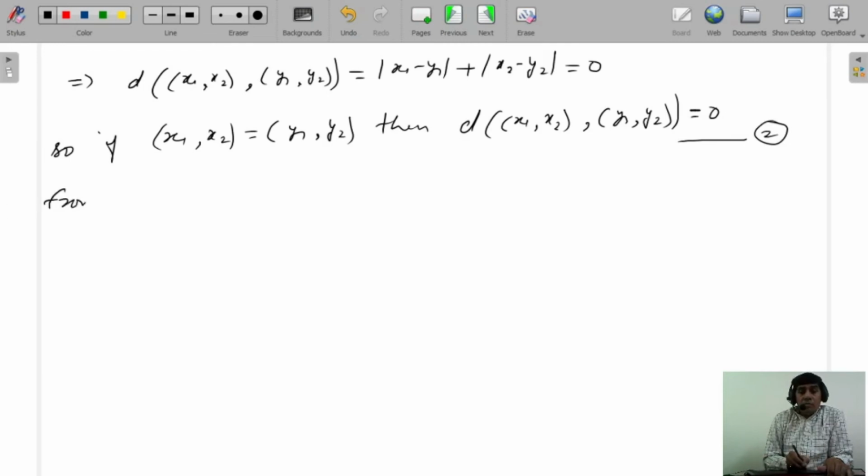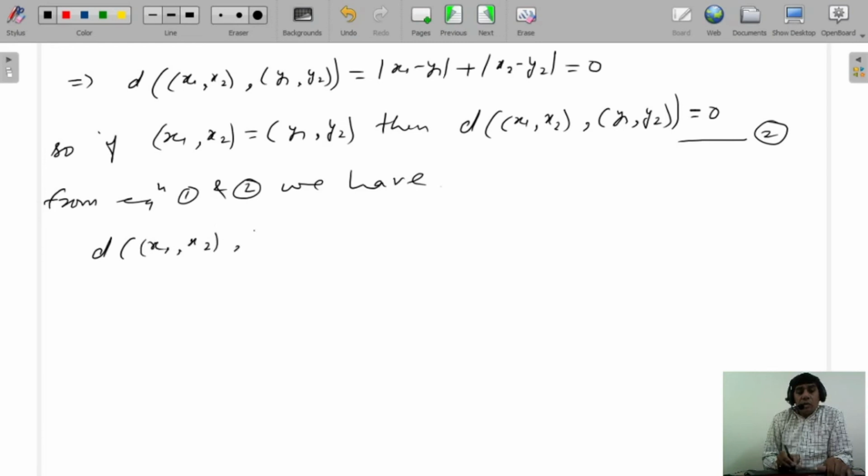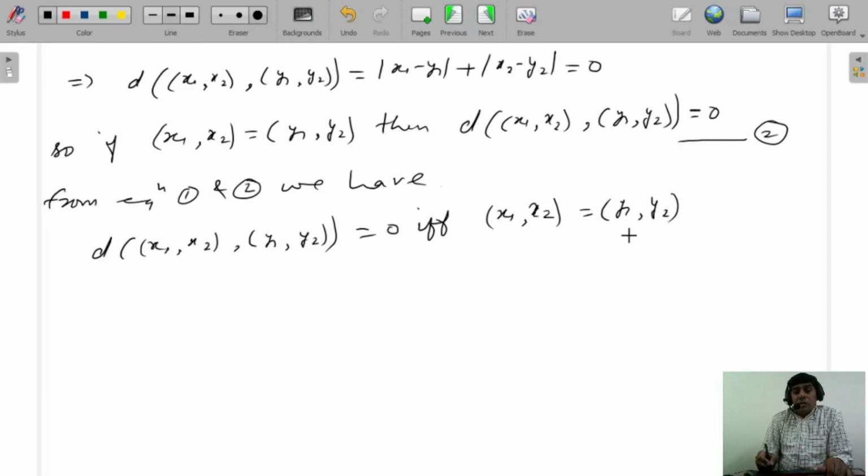From equation 1 and 2 we have d((x1, x2), (y1, y2)) is equal to 0 if and only if (x1, x2) is equal to (y1, y2). So second property is also satisfied.